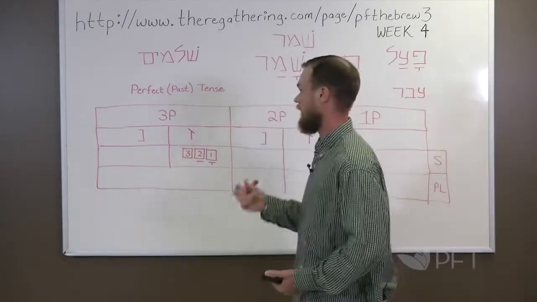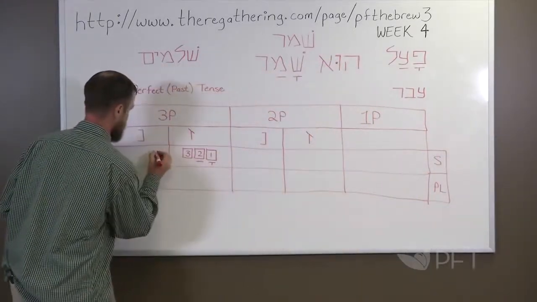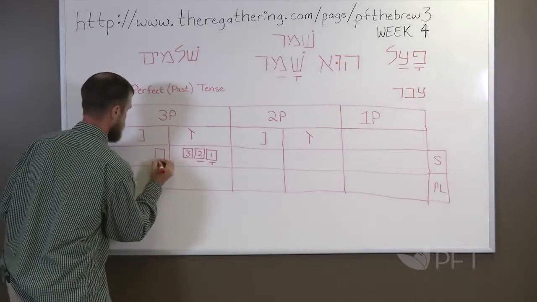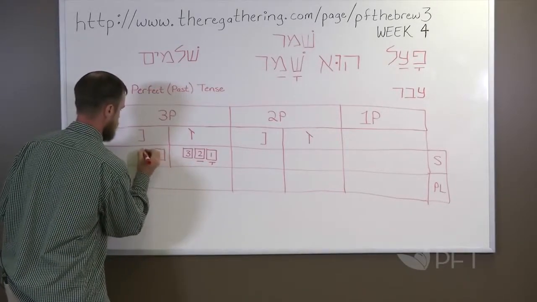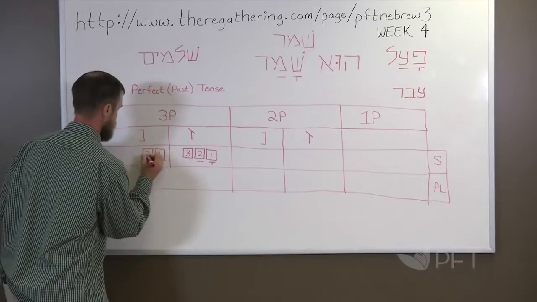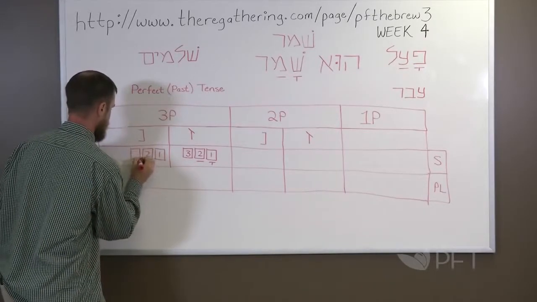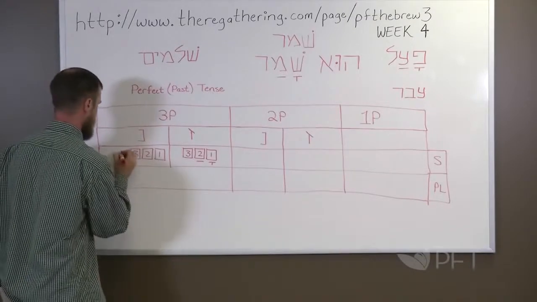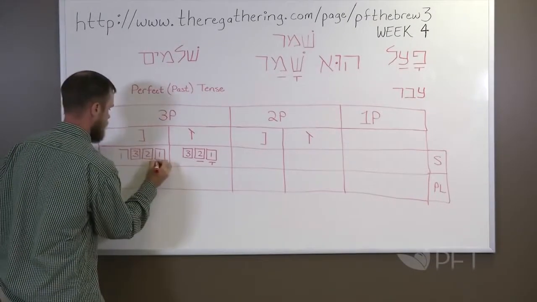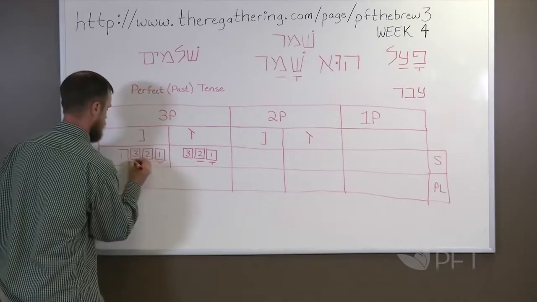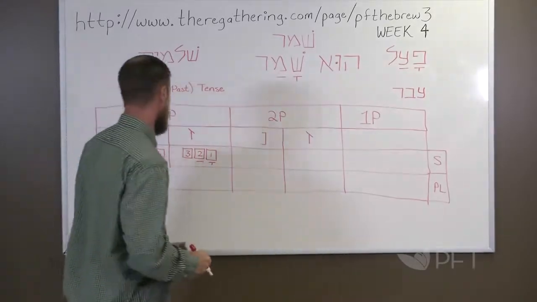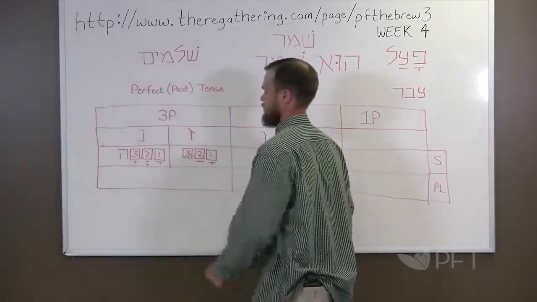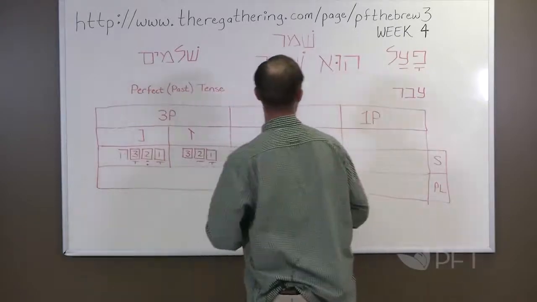Okay, and as we go down the list, if we wish to say that she kept, we have to follow the third person feminine singular paradigm. And this one has a different vowel structure and adds a hey at the end.